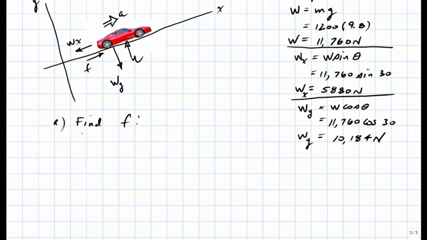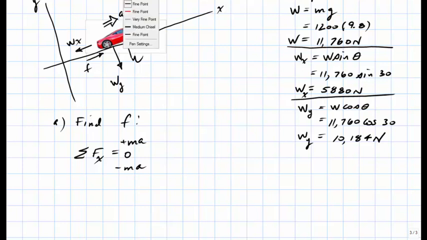Now Newton's second law states that if we add the forces along the x-axis, those forces will either equal 0, ma, or minus ma. Of course, the diagram indicates that the acceleration is directed towards the right along the x-axis, so we will choose positive ma for the right side of Newton's second law.